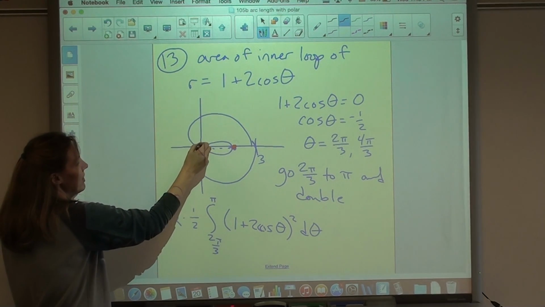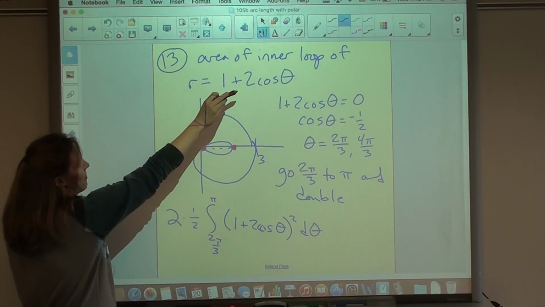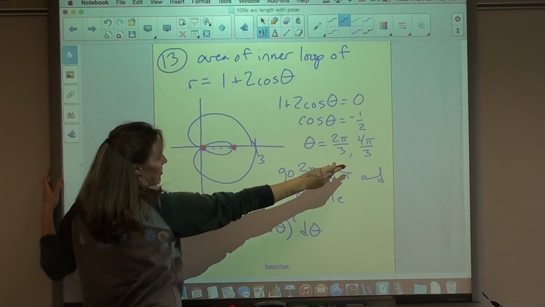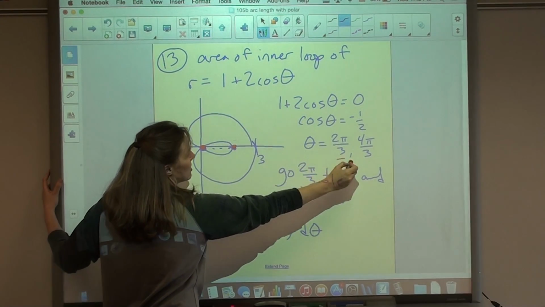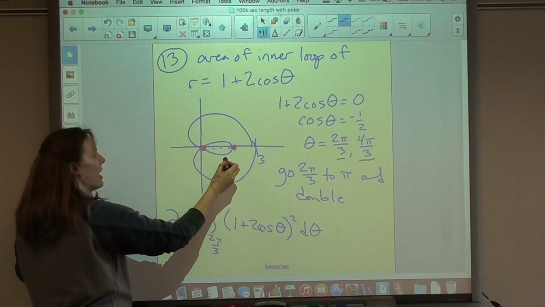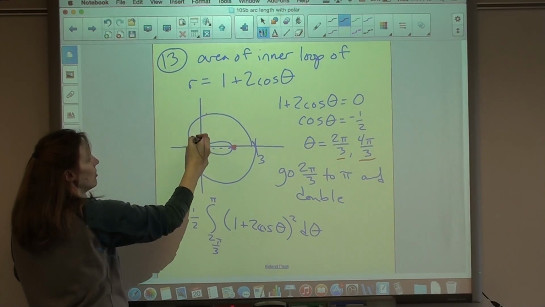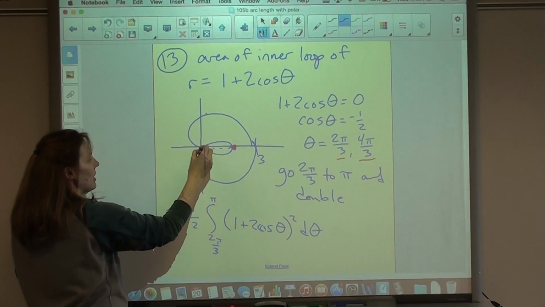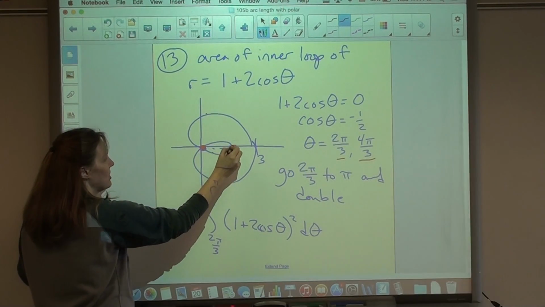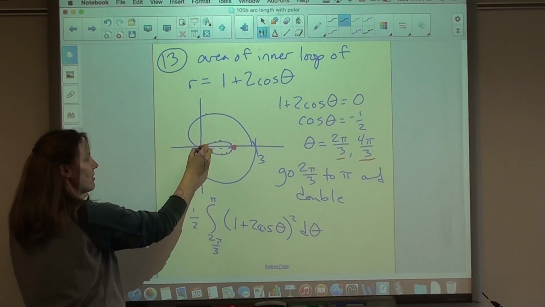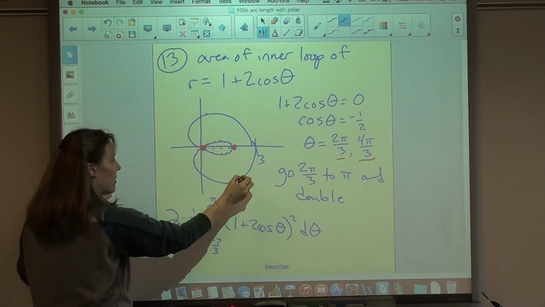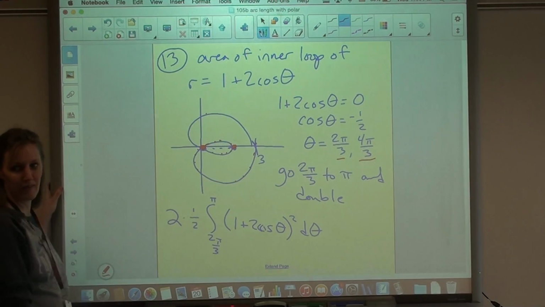So I know that this is the pole, so I would set my graph equal to 0 and solve. I've got 2 pi thirds and 4 pi thirds. And actually what happens when you graph this is you come around, you hit this at 2 pi thirds, then you go this way and hit it again at 4 pi thirds, and then you go back around and land back here at the end.